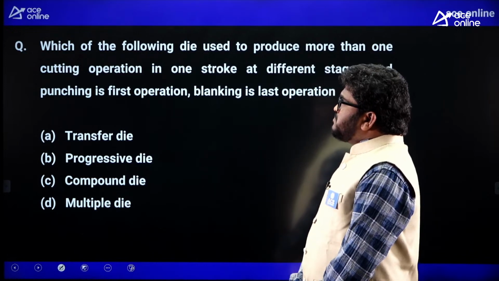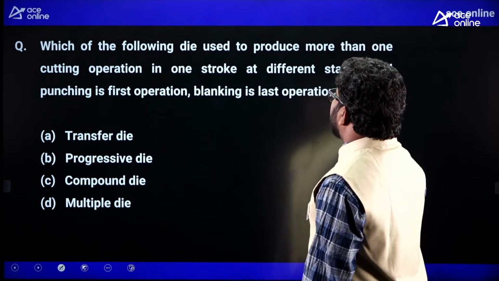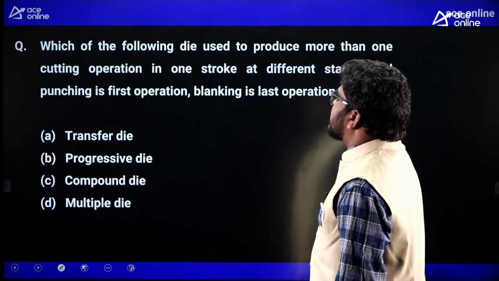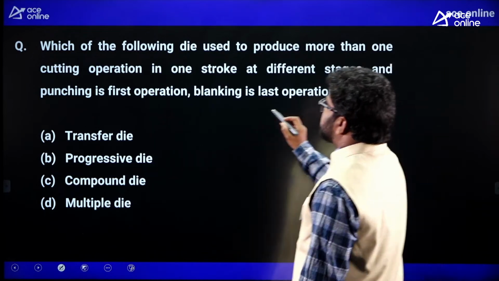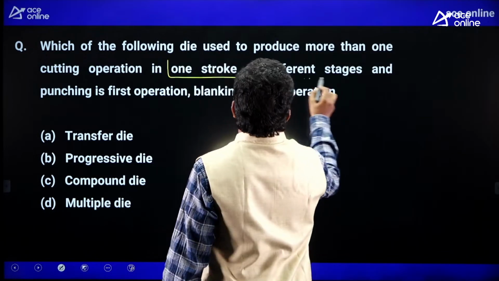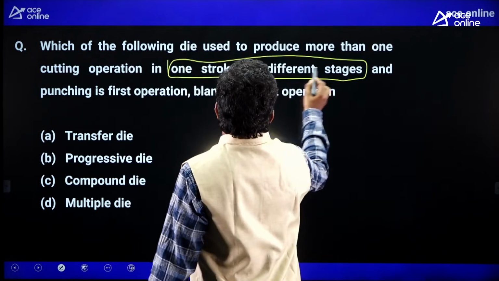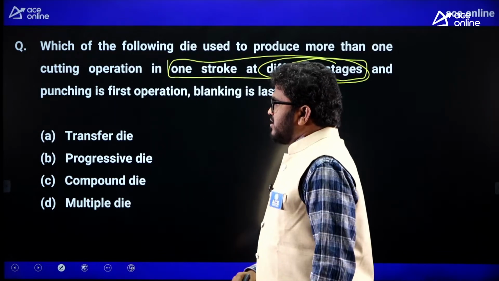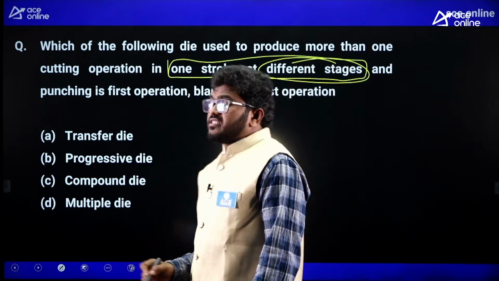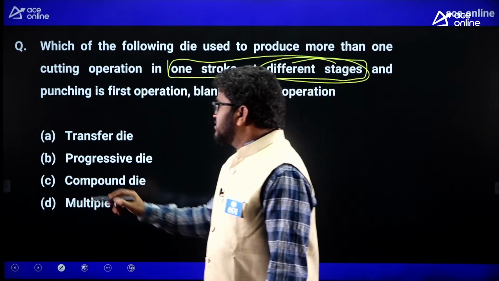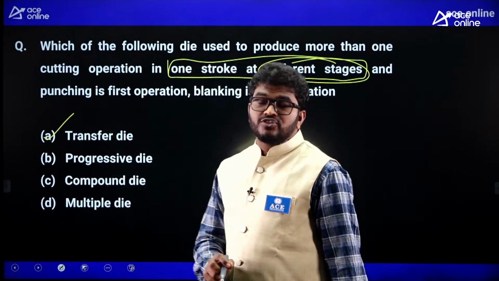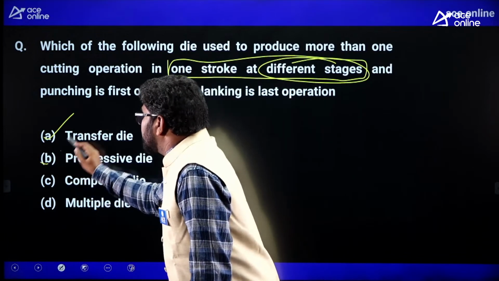And the last one: which of the following dies is used to produce more than one cutting operation in one stroke at different stages? Punching is the first operation and blanking is the last operation, that is a progressive die.